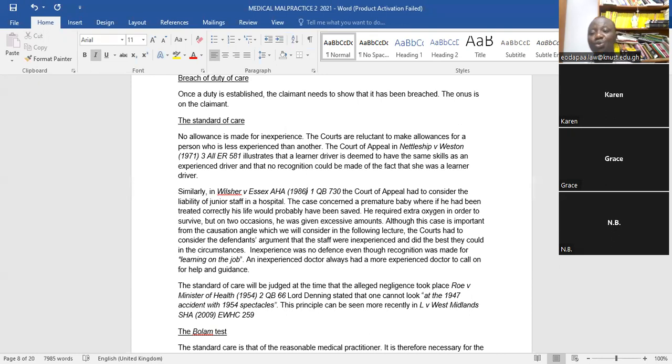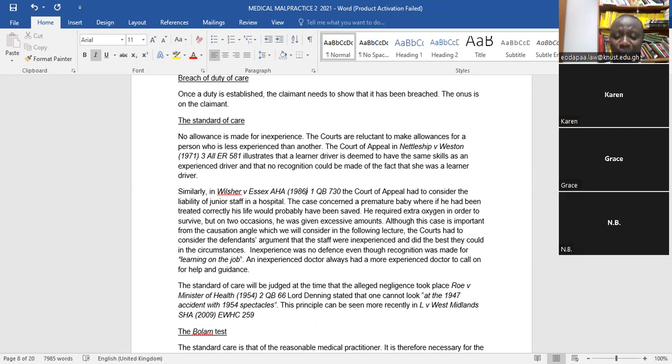Another point to note, generally speaking, as far as negligence is concerned, regarding the standard of care, is what Lord Denning said in the case of Roe against Minister of Health, when Lord Denning said that one cannot look at a 1947 accident with 1954 spectacles. I mean, that is quite poignant.